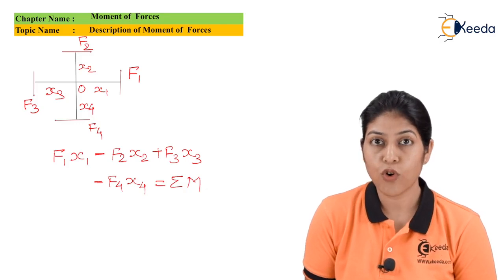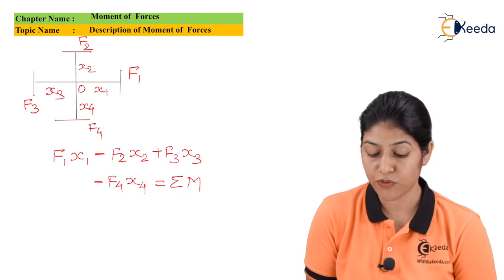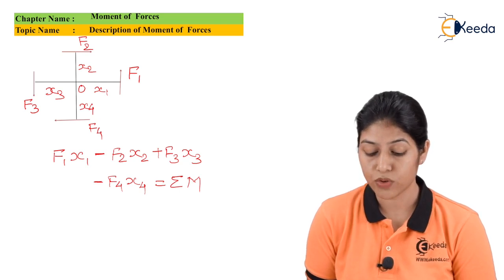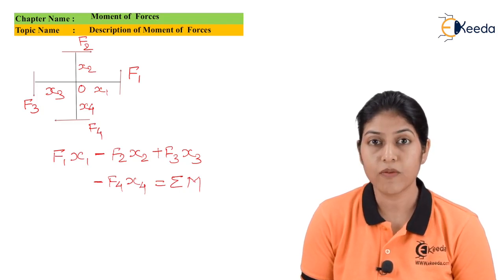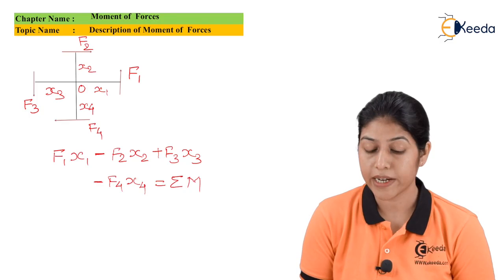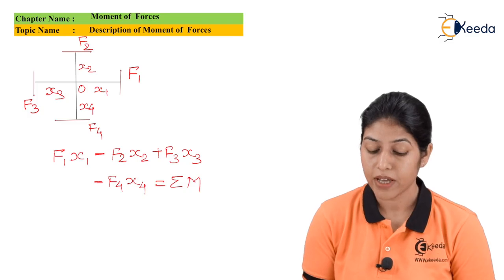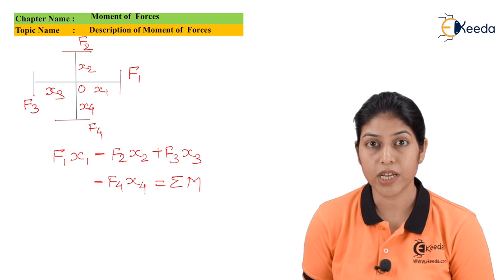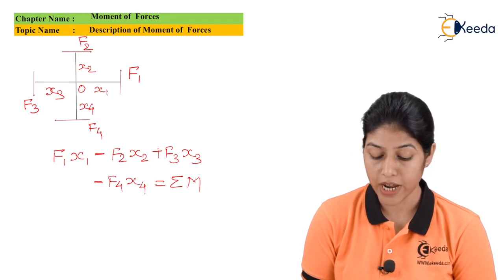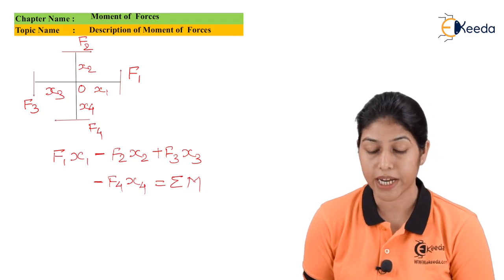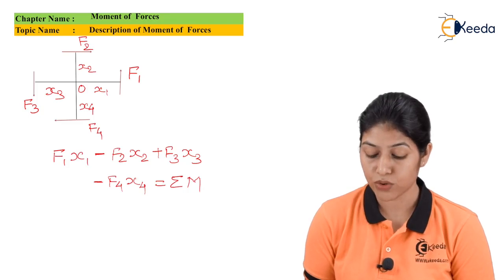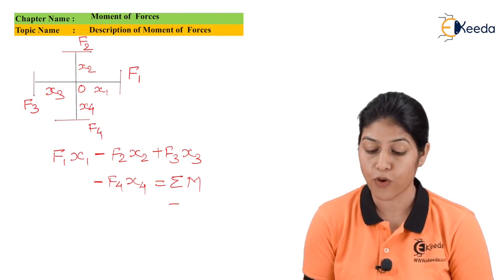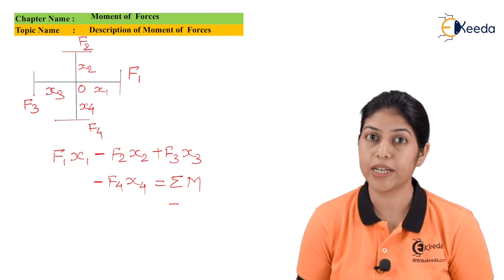For the first force, the force is F1 and the perpendicular distance from point O is x1, so it will be F1 x1, and it is acting in anti-clockwise direction, so this term will be positive. The second term is F2 x2, and it is acting in clockwise direction, so it will be negative. The third term is acting in anti-clockwise direction, so it will be positive with F3 x3, and the fourth is F4 x4, acting in clockwise direction, so it will be negative. So F1 x1 minus F2 x2 plus F3 x3 minus F4 x4 will be the summation of moment for this condition. So this is a complete description of moment.